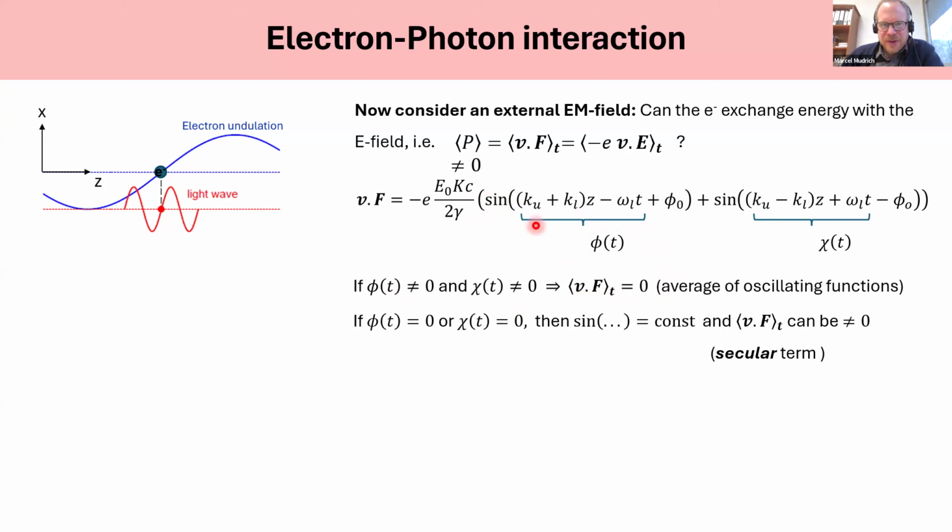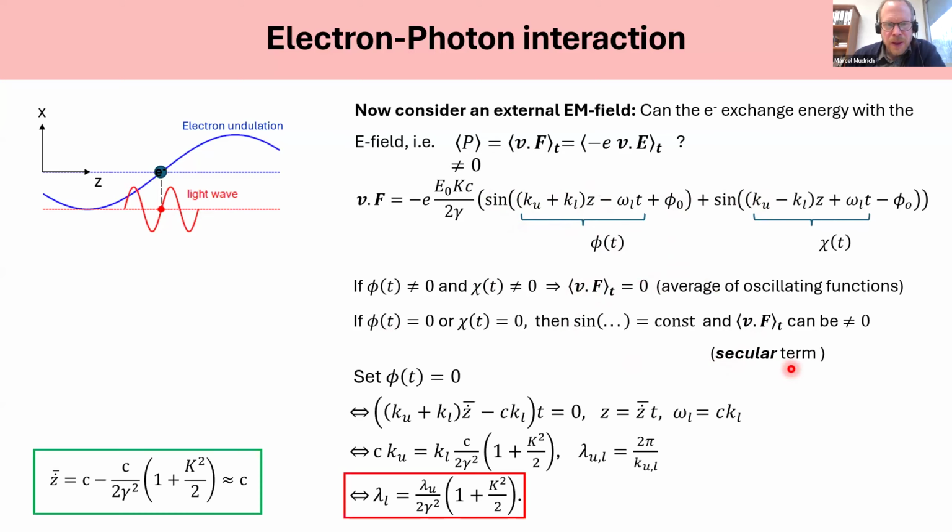Because if both these phases are non-zero, then we have just a sum of two oscillating functions. If we average over time, this cancels out to zero. So at least one of the two has to be non-zero, and we concentrate on the first term, the so-called secular term that should be non-zero.